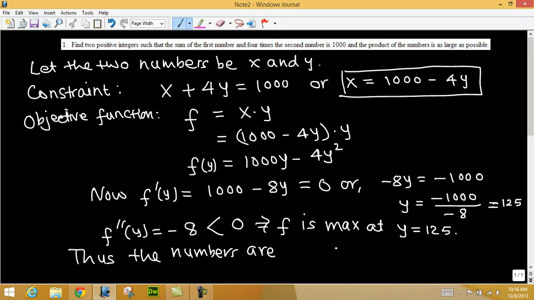So 1000 minus 4 times y, 125, and y is 125. 125 times 4 is 500. 1000 minus 500 is 500, and 125.